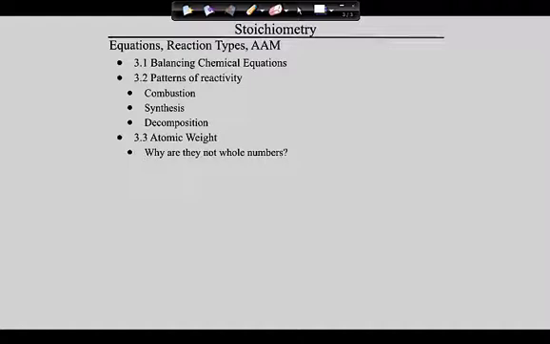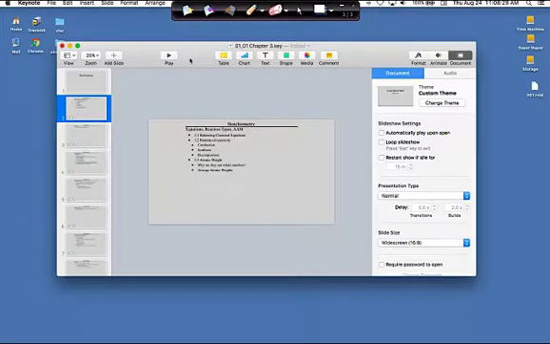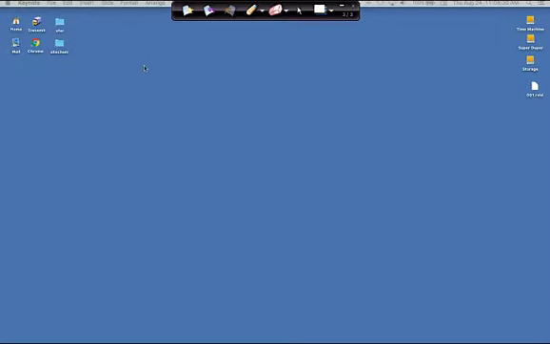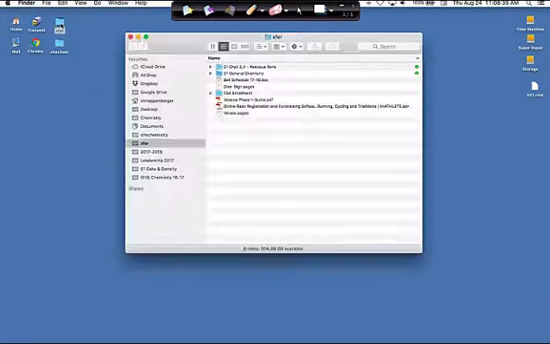Do you remember how to do this, where we said that the average atomic mass was the abundance times the mass? Add them up and then divide. Yeah, that's the abundance. So here, let me show you.